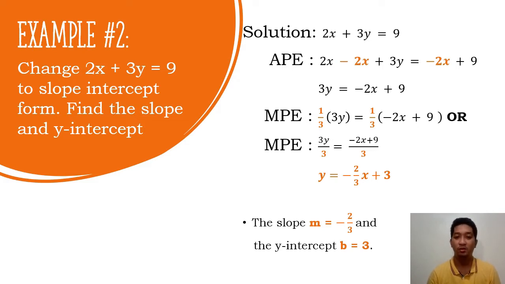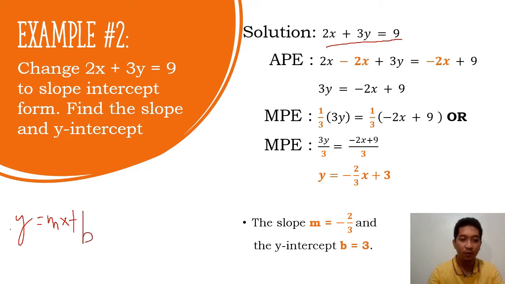Okay, so using the solution again, we have the given equation 2x plus 3y equals 9, and using APE, since hinahanap natin ay y equals mx plus b, kailangan maiwanan si y sa left side of the equation.